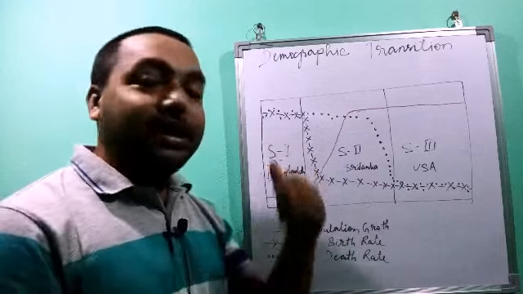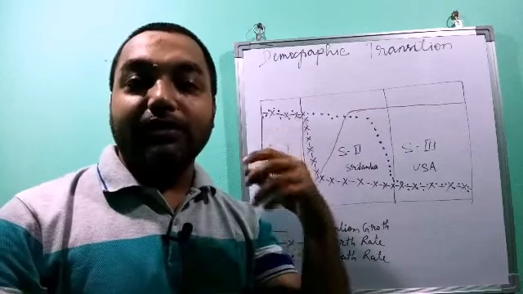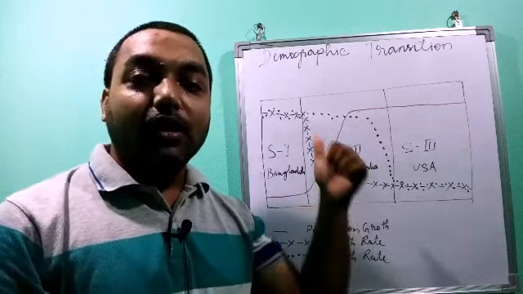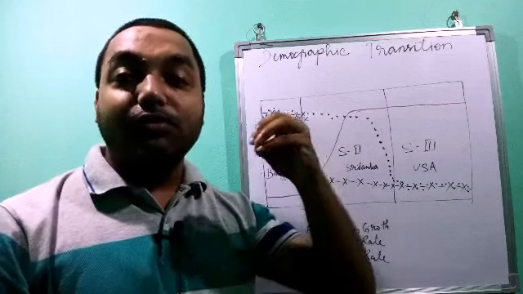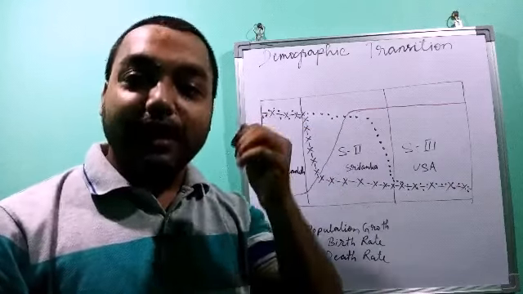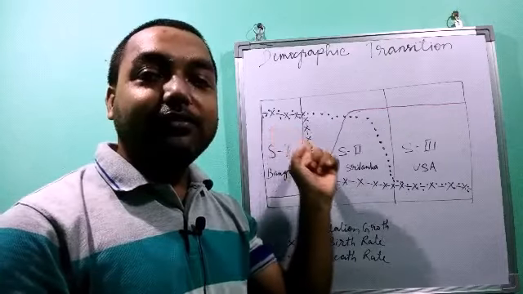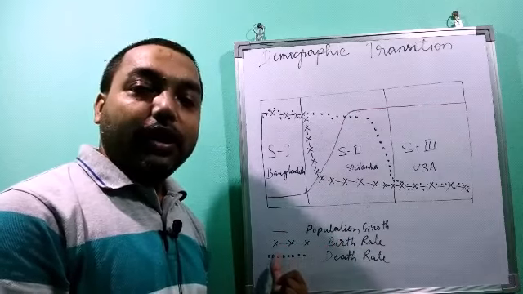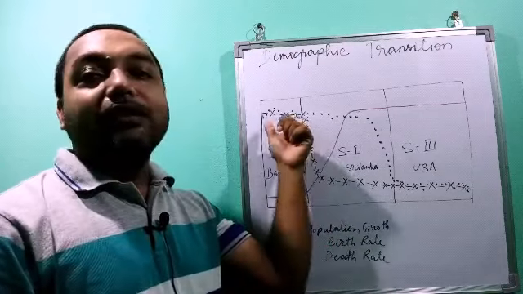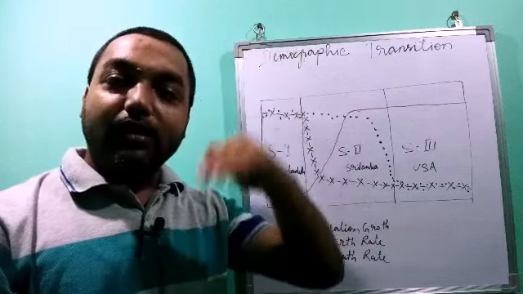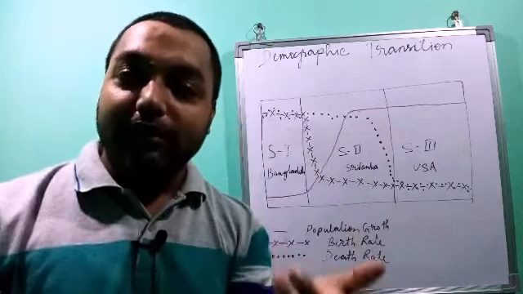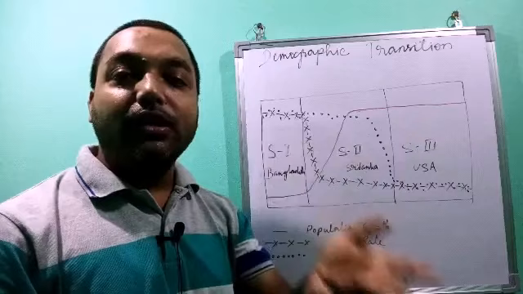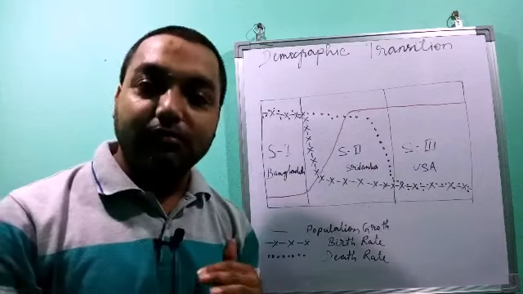So in the initial stage, in any country, when there was no development, no technology, no medical facility, the birth rate and death rate were both very high. Here this line shows the birth rate, and this line shows the death rate. Birth rate also very high, death rate also very high. If 7 children take birth, many of them used to die, only 3, 4, 5, 6 remain.